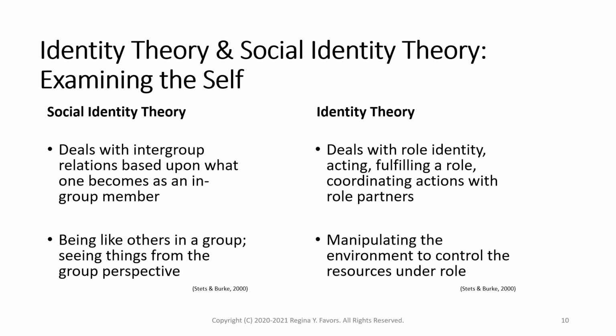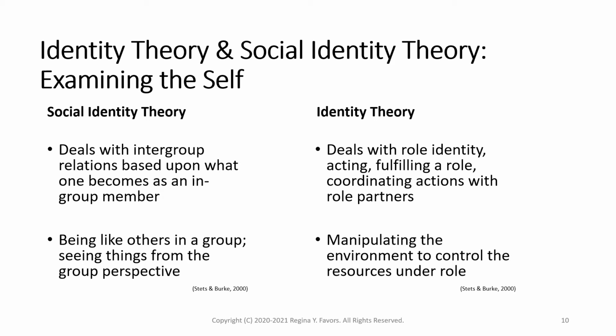So when we look at social identity theory in contrast to identity theory, we think about group formations, right? So this social identity theory deals with intergroup relations based upon what one becomes as an in-group member, being like others in a group, seeing things from the group perspective.